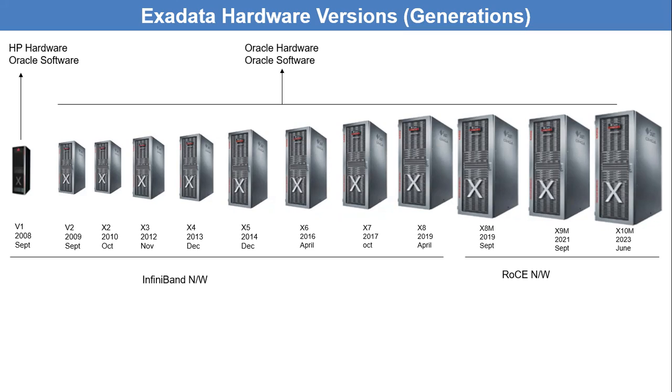And the internal network especially, which connects all the servers inside the rack, the database servers and the storage servers. Because the data should transfer from the storage server to the database server. If the network which connects the servers is a slow network, data transfers are very slow, causing performance problems.